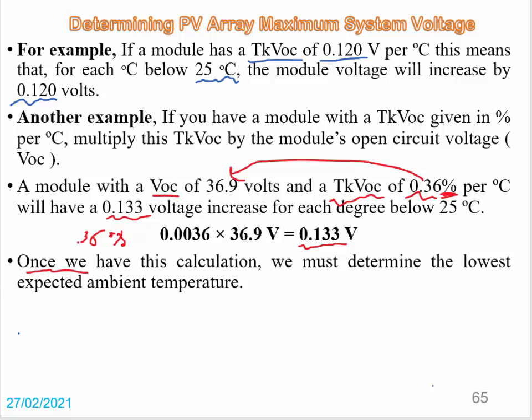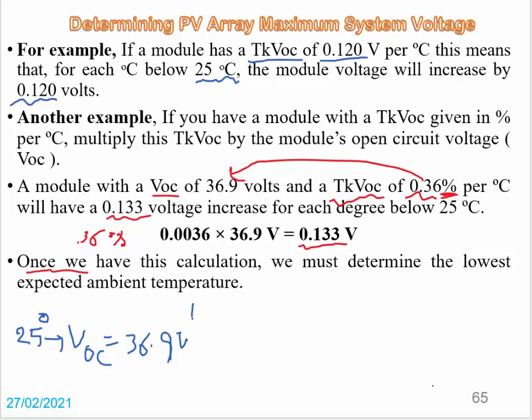So for the 25 degrees Celsius, we have the V open circuit equal 36.9 volt.